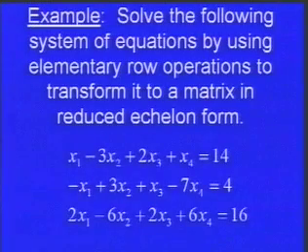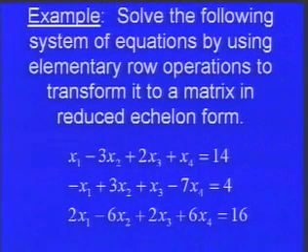Okay, so let's check out this system. Pretty big system. x1 minus 3x2 plus 2x3 plus x4 equals 14, and then negative x1 plus 3x2 plus x3 minus 7x4 equals 4, and then 2x1 minus 6x2 plus 2x3 plus 6x4 is equal to 16. Okay, pretty enormous there.